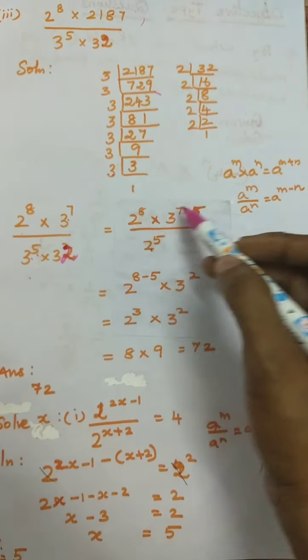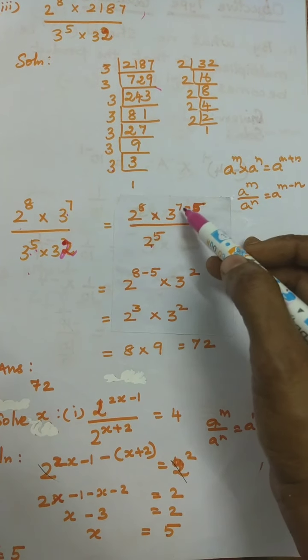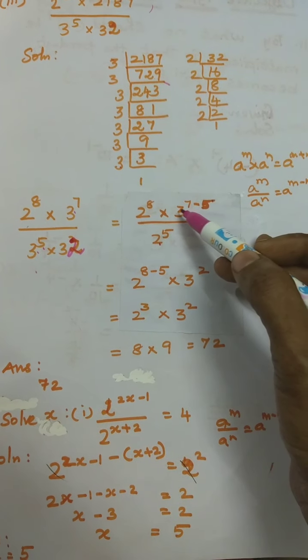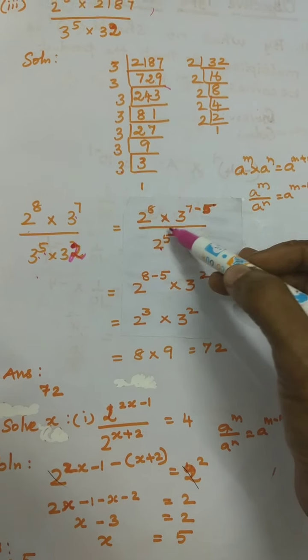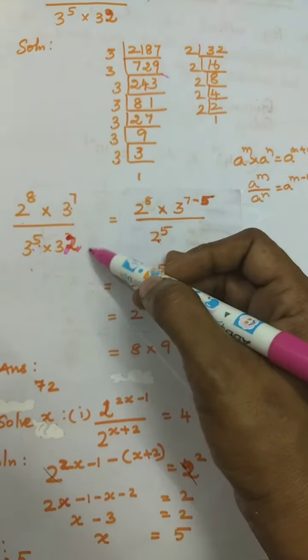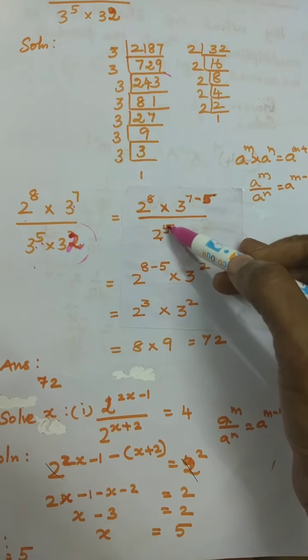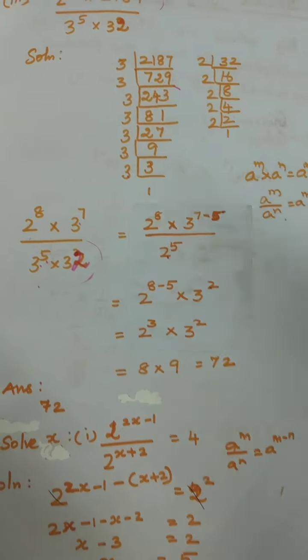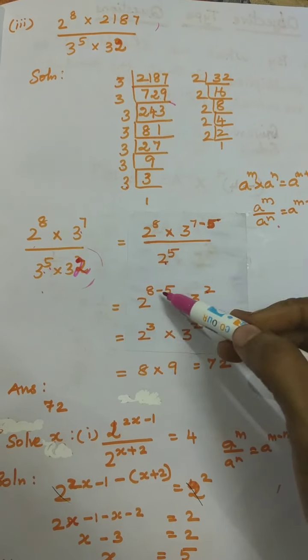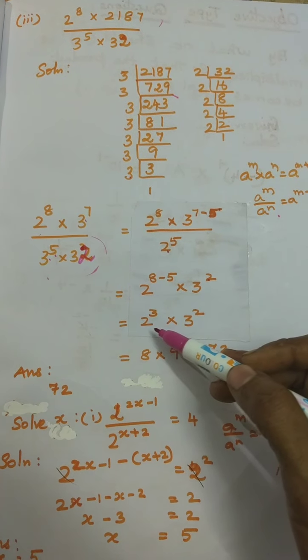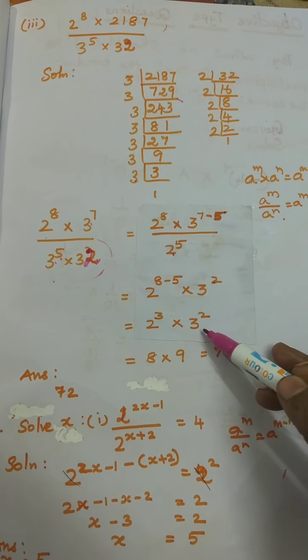You have to bring this 5 to the numerator. So 3 power 7 minus 5, that is 2. Then here 2 power 5, for 32 I have written 2 power 5. Then it is 2 power 8 minus 5, that is 2 cube into 3 square.